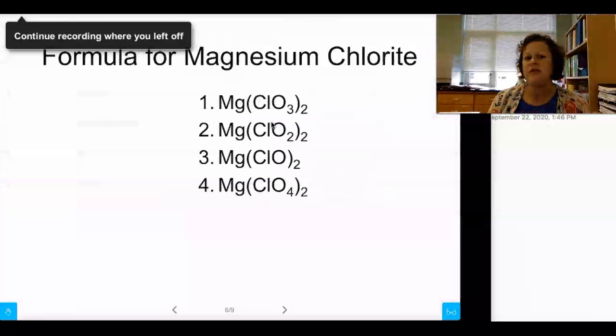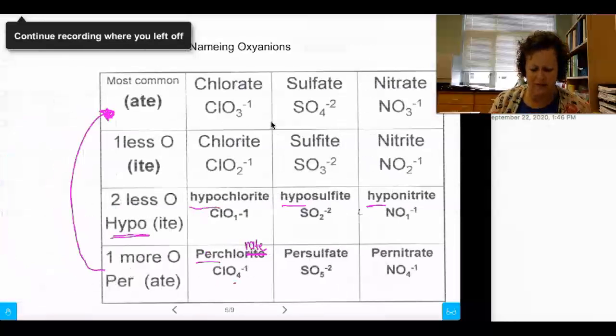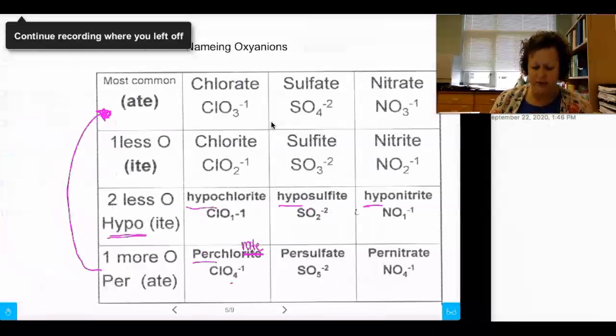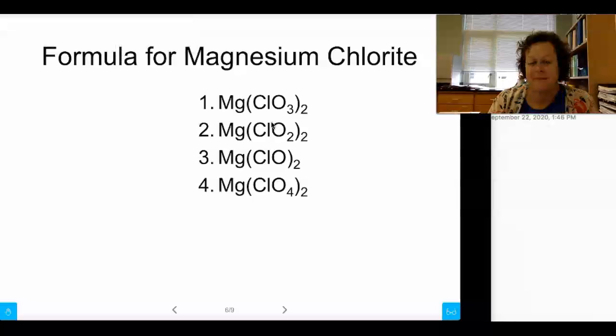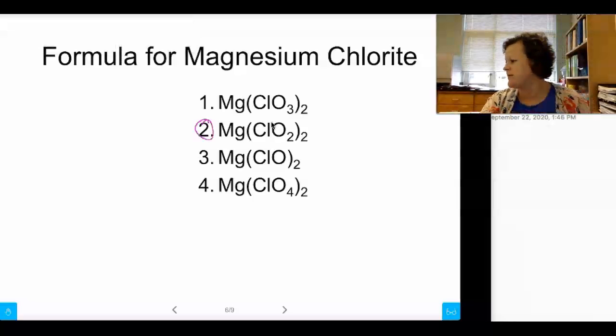Magnesium, you have to look at your periodic table, is 2. What was chlorite? What's the oxidation? -1. Does it need a parentheses? Yes. So, if you put number 2, you are correct.